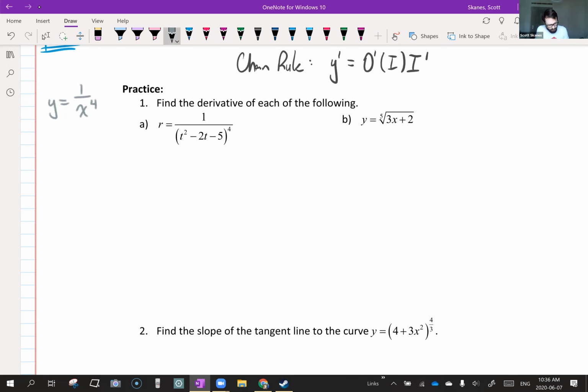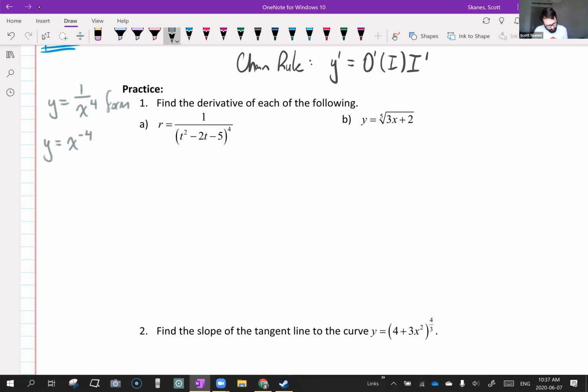So what I would normally do is I wouldn't want to do a quotient rule on this. It would be way too much work. So bring it to the top. Rewrite it as this. Just bring the bottom expression up and change the sign of the exponent to negative.